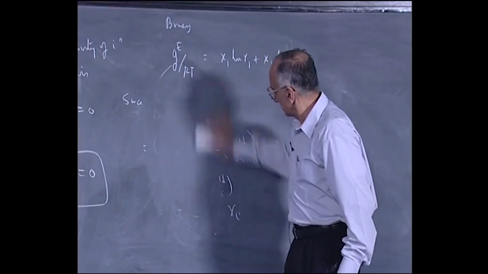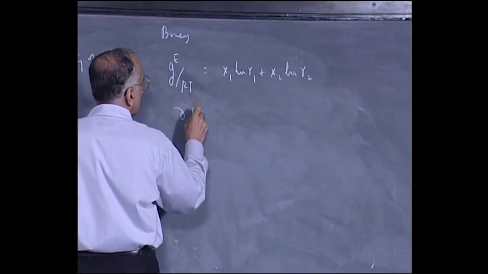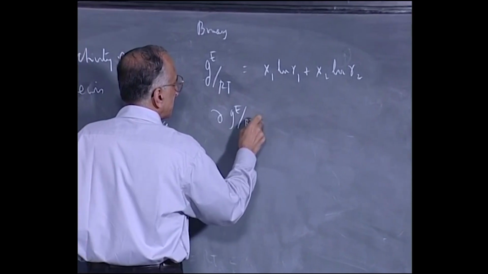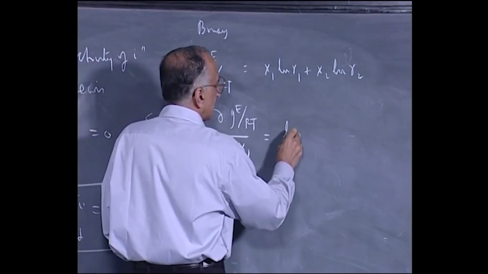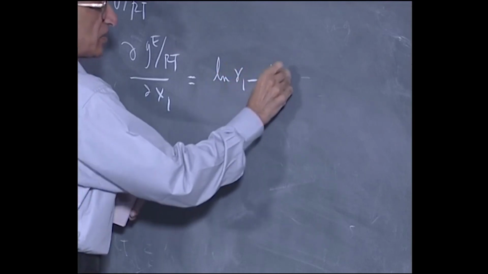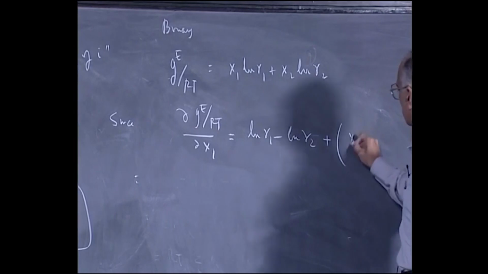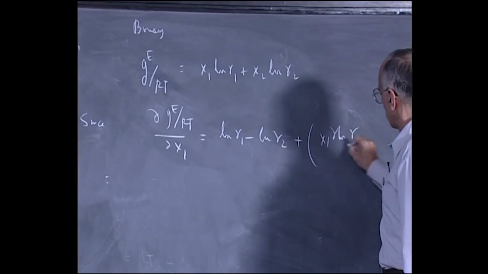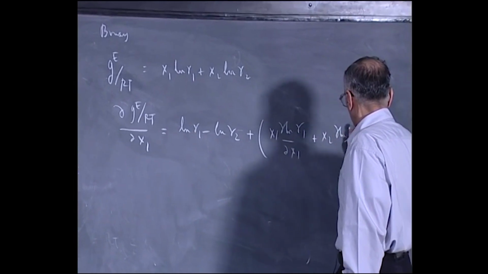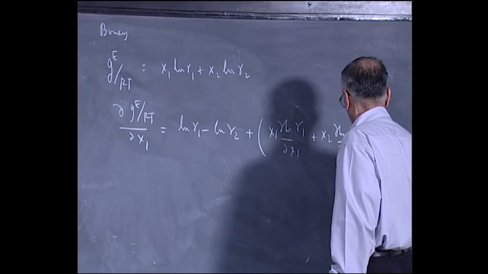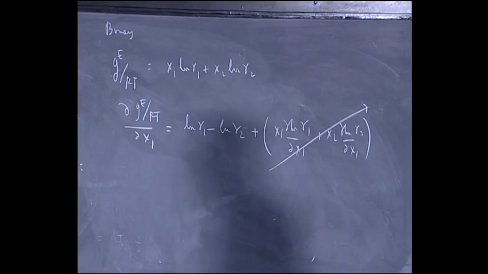So then I do the same thing that I did before, which is I differentiate this. The partial of Gxs by RT by delta x1 is log gamma 1 minus log gamma 2 plus a term, and this term is 0 because of the Gibbs-Duhem equation.